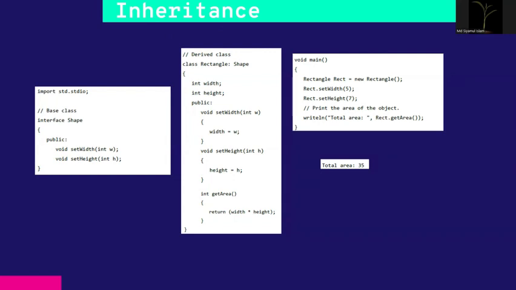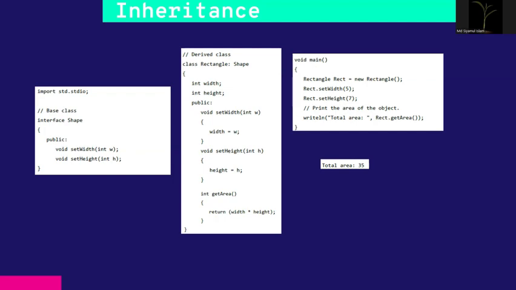The concept of inheritance is to reuse the content of another class by another class. The class using the content of another class is called the child class, and the class whose content is being used is called the parent class. Another way to say it: one is the base class, another is the derived class.